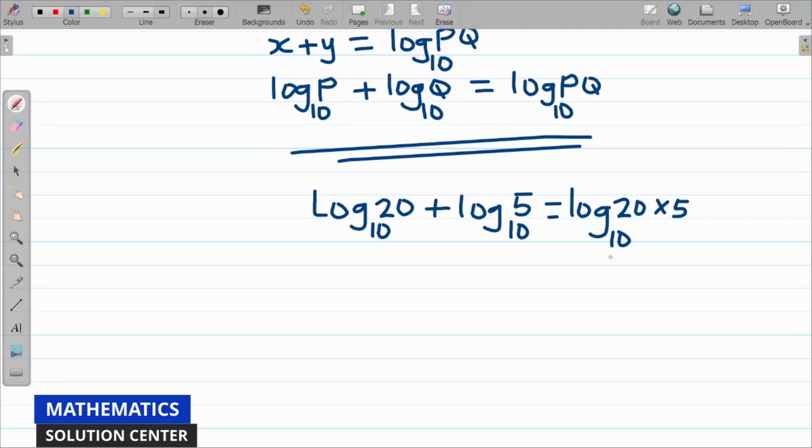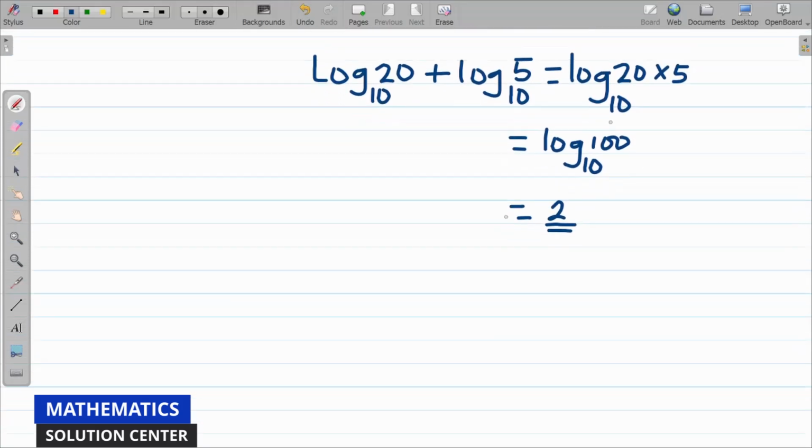I'm not saying it must be base 10, it can be any other base, but it must have a common base throughout. Therefore, we have log of 20 times 5, which is 100, base 10. And log 100 base 10 means what power of 10 will give me 100 as an answer. So log 100 base 10 is 2. The logarithm of a number is the power of its base. So the answer is 2.